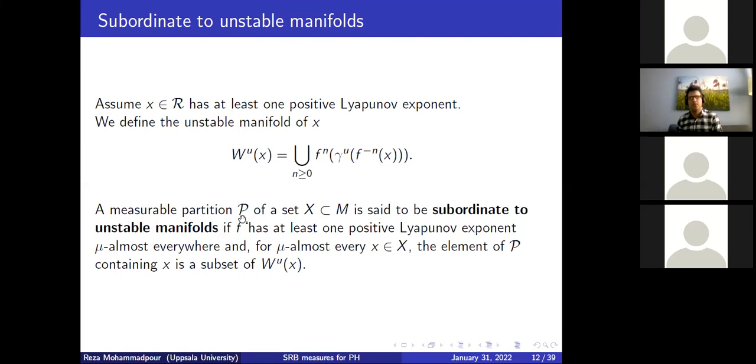A measurable partition P is said to be subordinate to the unstable manifold if f has at least one positive Lyapunov exponent mu-almost everywhere, and for mu-almost every x, the element of the partition containing x is a subset of the unstable manifold. This is really important: the element of the measurable partition should be contained in a piece of the unstable manifold. That's the definition of subordinate to the unstable manifold.